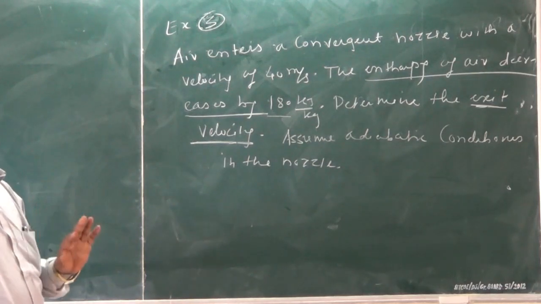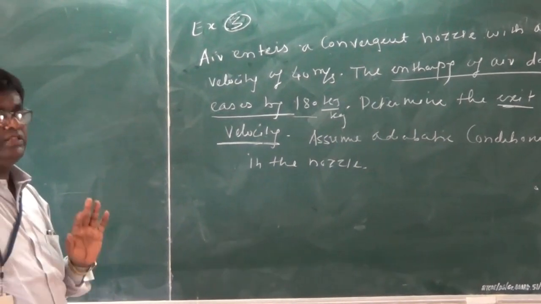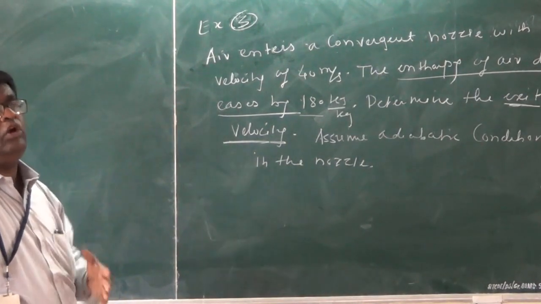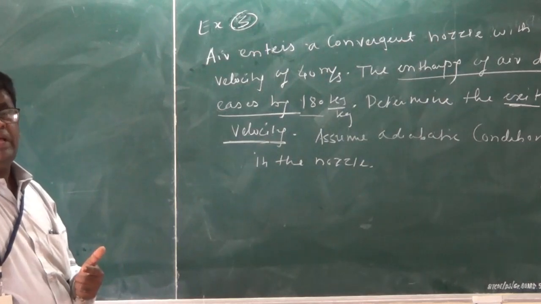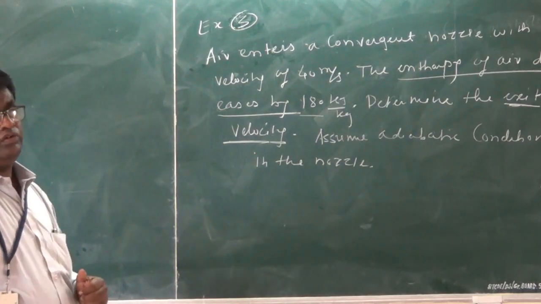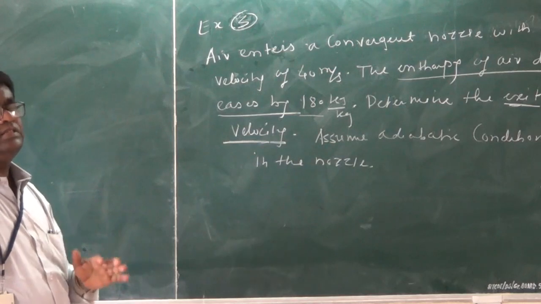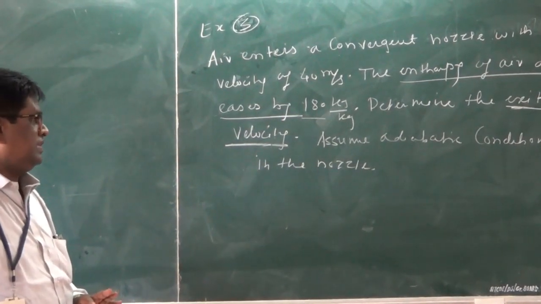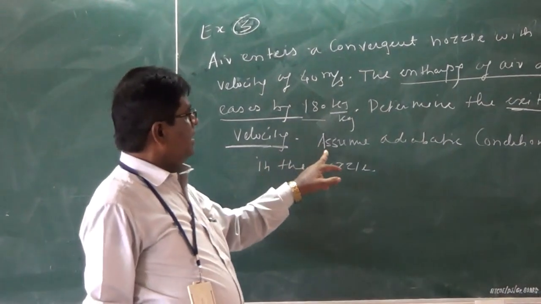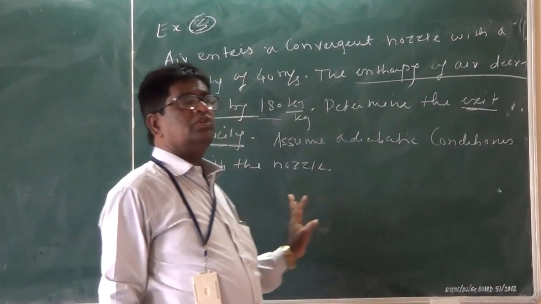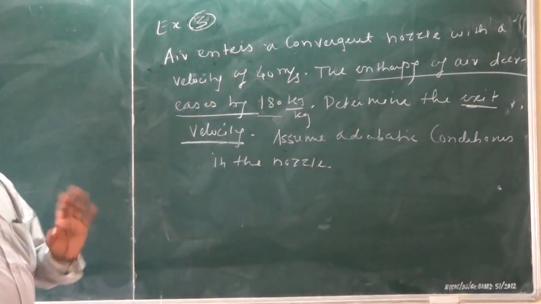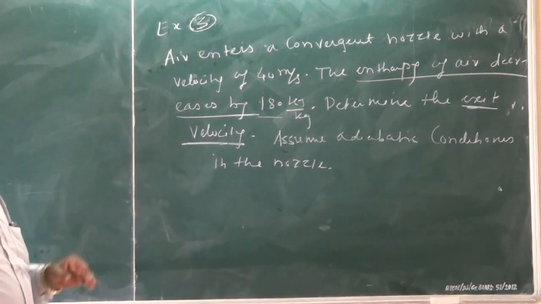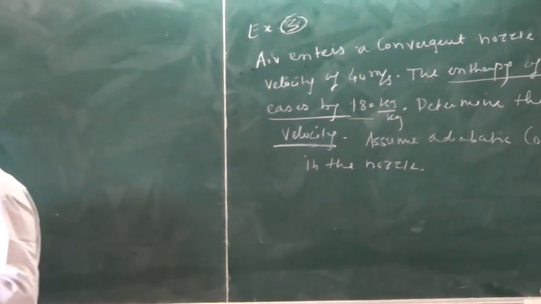The change in enthalpy is directly given, that is H2 minus H1, and since it decreases, delta H is equal to minus 180 kilojoules per kg. One more thing is given: assume adiabatic conditions, so there is no heat transfer. So Q is equal to 0, and we are asked to calculate the exit velocity C2.